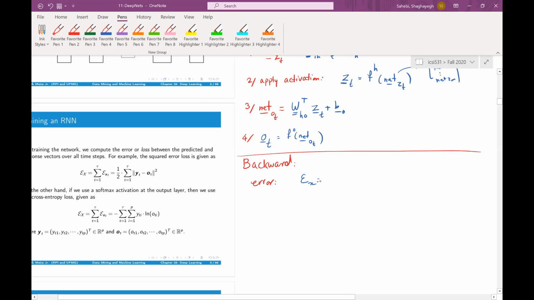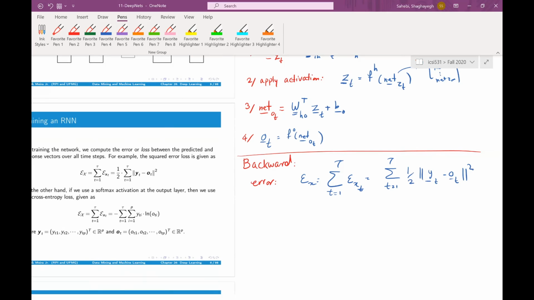Now because each of our data points is a sequence, we are going to calculate the error for each of the elements of this sequence. So the error is going to be equal to, from t equals 1 to tau, the error for x_t, which is basically the sum from t equals 1 to tau of 1 over 2 times the squared norm of the vector y_t minus the vector o_t.